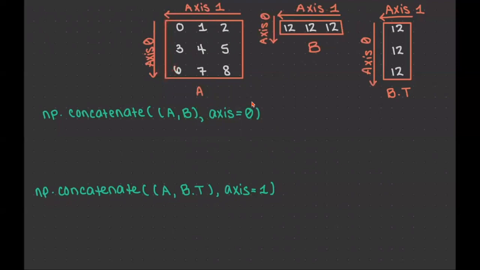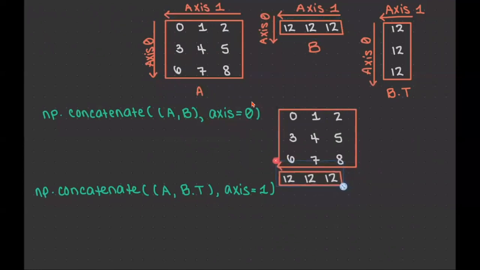We're adding another row. What that's going to look like is we have the original A, and then we take B and append it to the end of A.